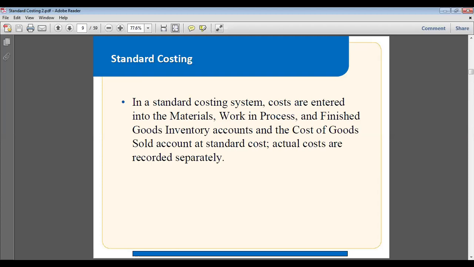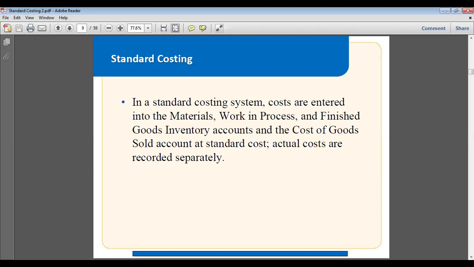In a standard costing system, costs are entered into materials, work in process, and finished goods inventory accounts and the cost of goods sold account. Standard cost and actual cost are recorded separately.